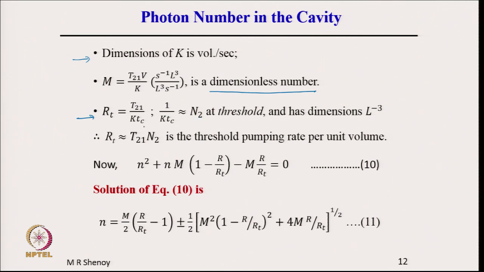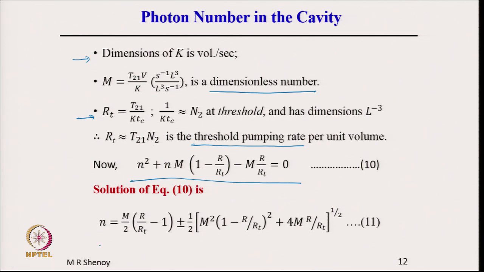So, this has dimensions of L minus 3, and therefore RT is equal to T21 into N2 at threshold, the threshold pumping rate, because 1 by kTc is nearly equal to N2 at threshold per unit volume. Therefore, we come back to the equation n square plus n into m. So, this is our equation, and it is a simple quadratic equation.